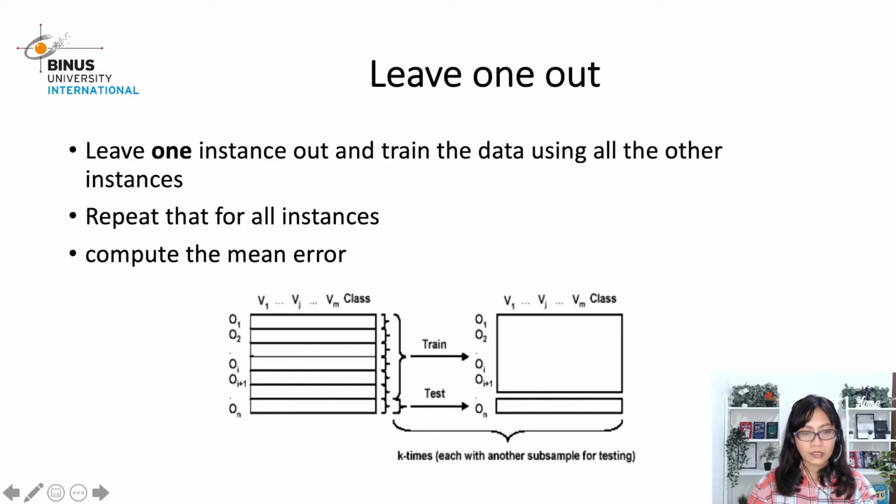So for example, this is the data. We take only one row or one data point as our test data, and the rest will be our training data. And then we repeat multiple times until every single data point in this set has been tested.